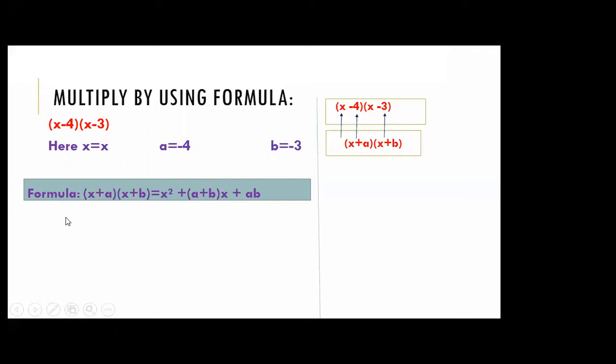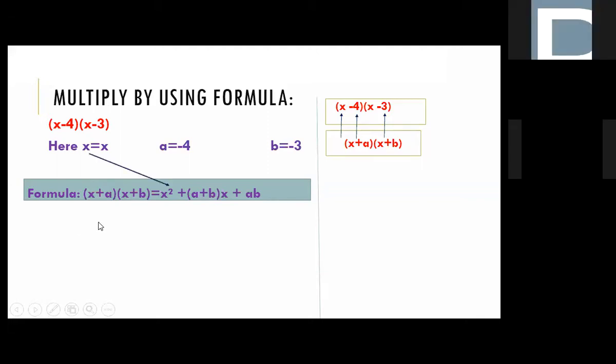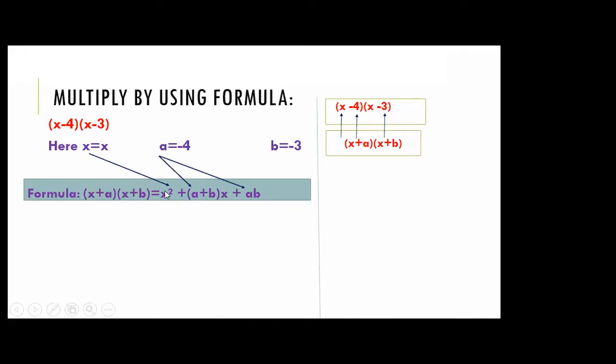Now, in the third step, we are going to start the solution. In the solution, we put the value of x, the value of a, and the value of b in the given formula. So here we copy down the question: x minus 4, x minus 3 is equal to x square plus, copied from the formula. What is the value of a? Minus 4.